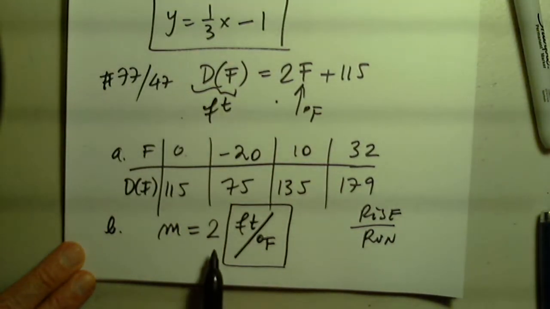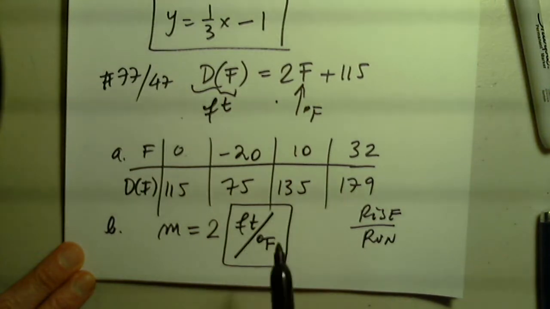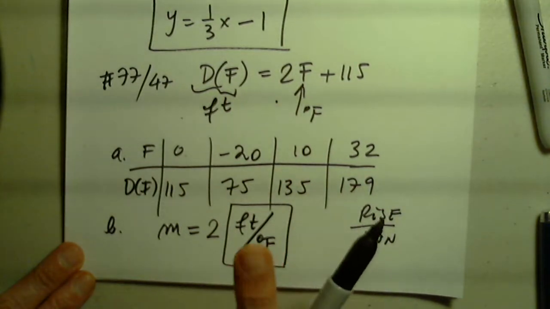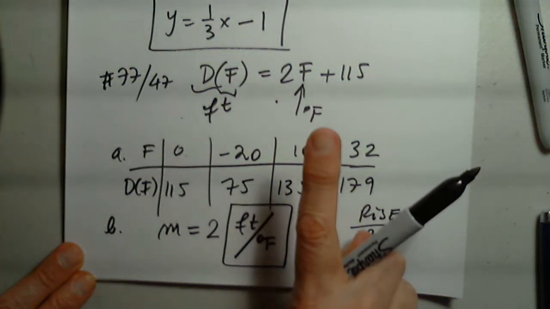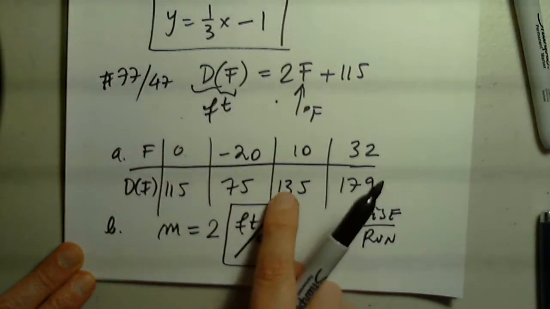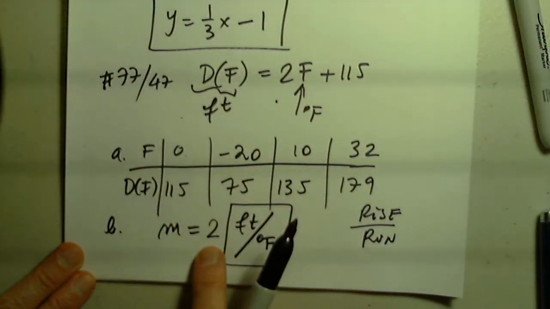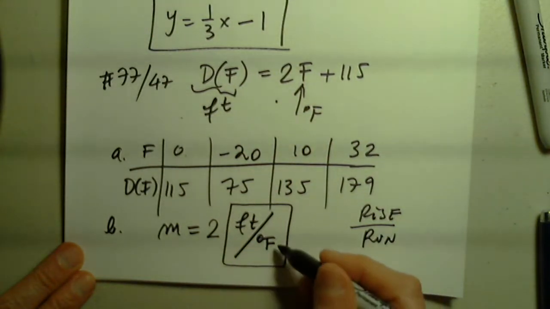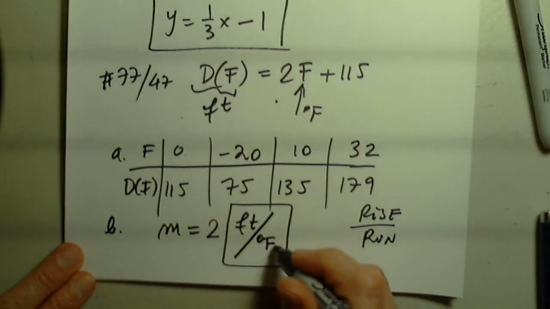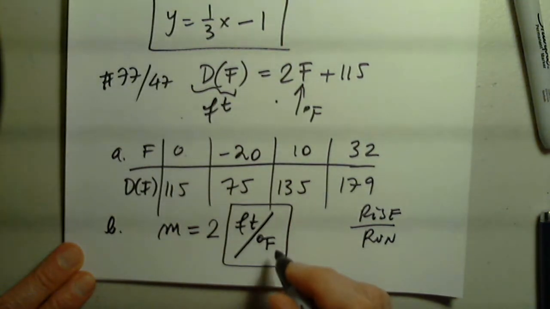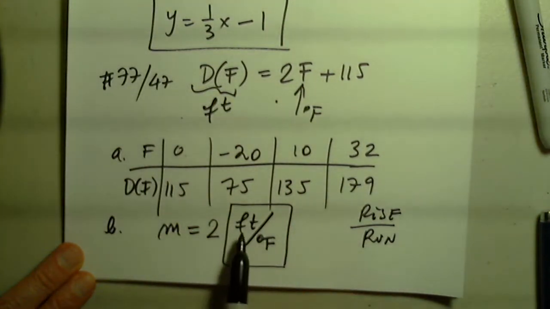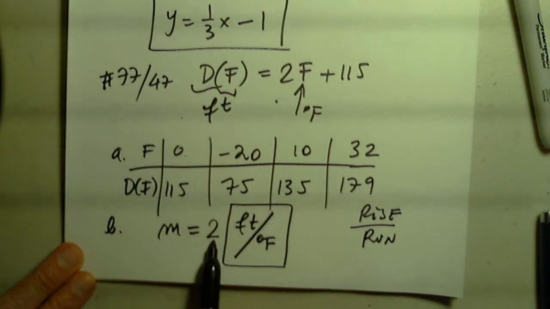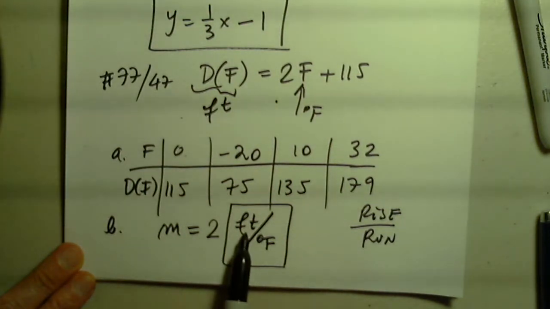What does this mean? It means that as we increase the temperature by 1 degree, the rise or the distance increases by 2 feet. As we increase the air temperature by 1 degree Fahrenheit, the distance increases by 2 feet.